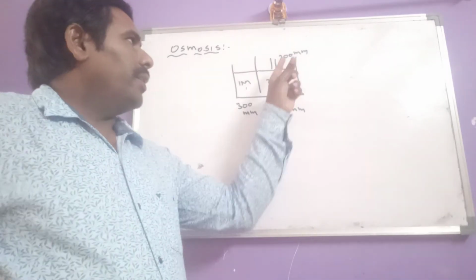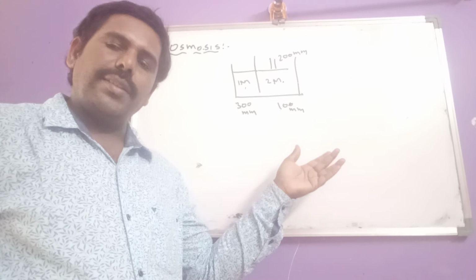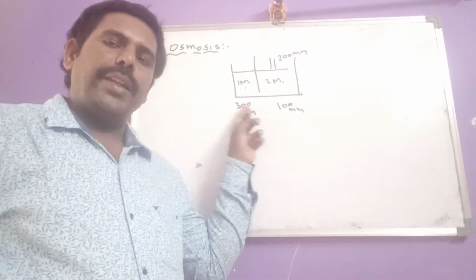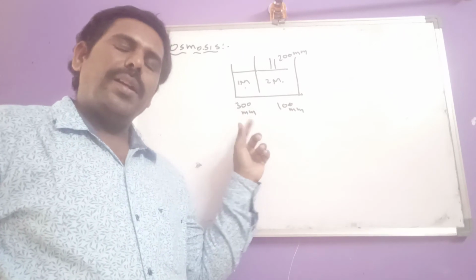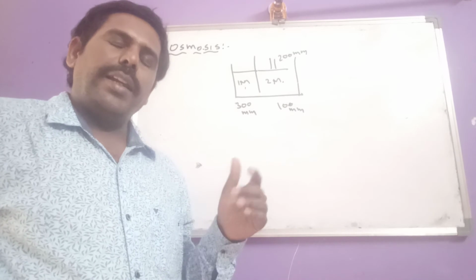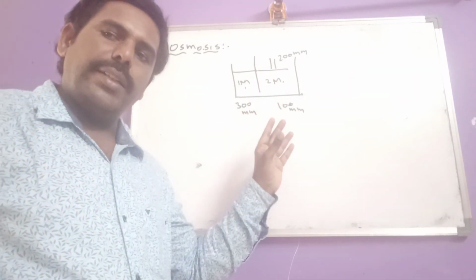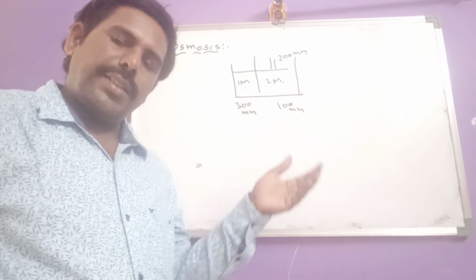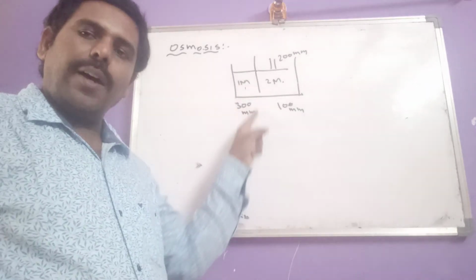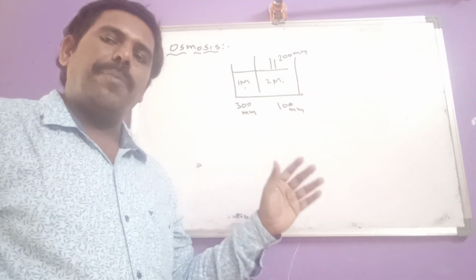Now here the extra pressure required on the high concentration side, or the solution side, to keep the system in equilibrium is known as osmotic pressure. Or in a simple way, the extra pressure required to exert on the solution side to prevent or stop this osmosis process is known as osmotic pressure.